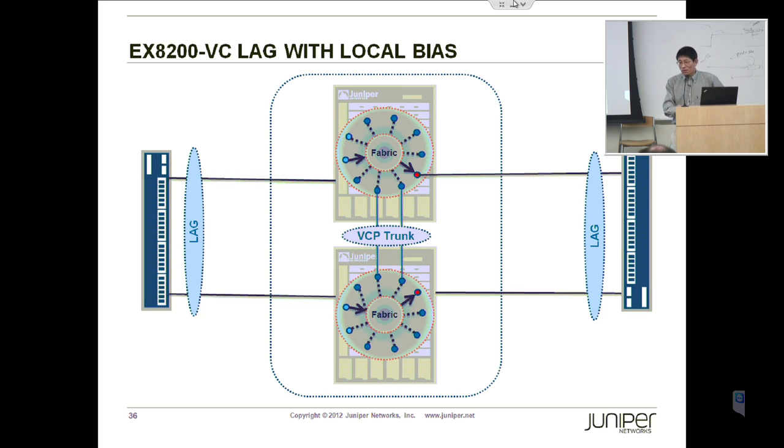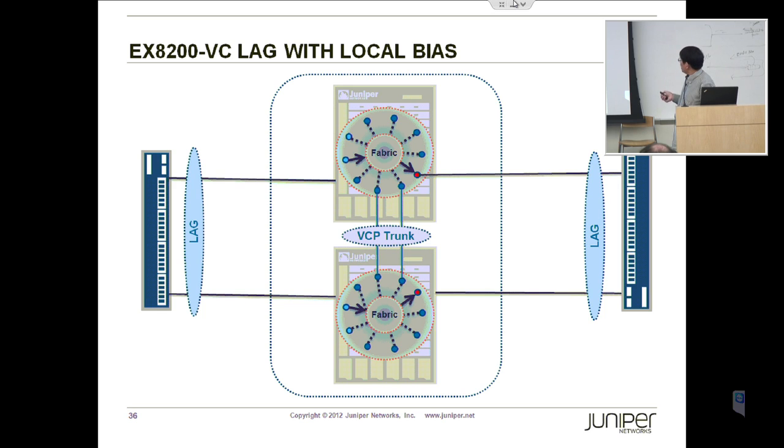One is what we call local bias. If you look at this picture, if two members are forming a VC, obviously you can have another port connecting to it, so you can have two links lagged across a virtual chassis. It's kind of like a multi-chassis LAG, but for VC, that's by default.